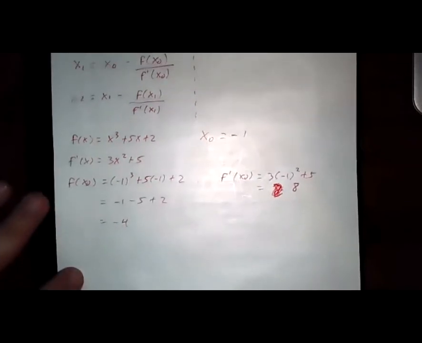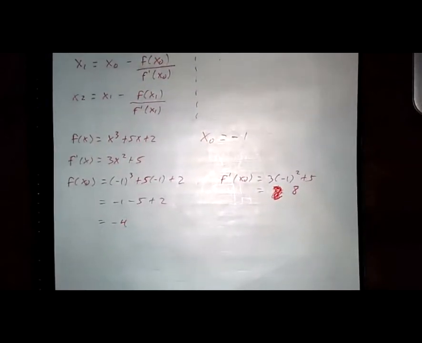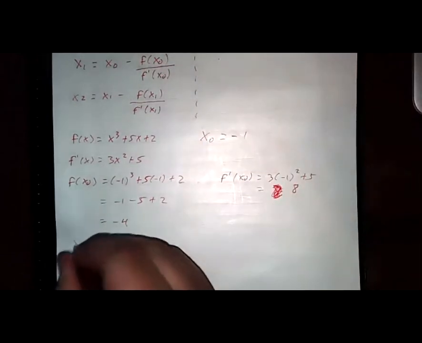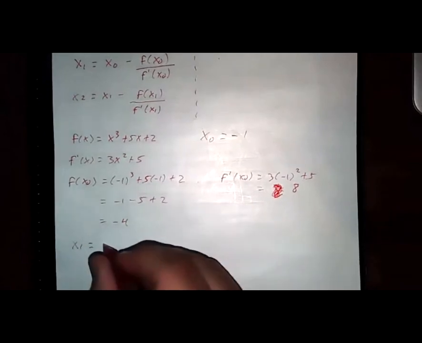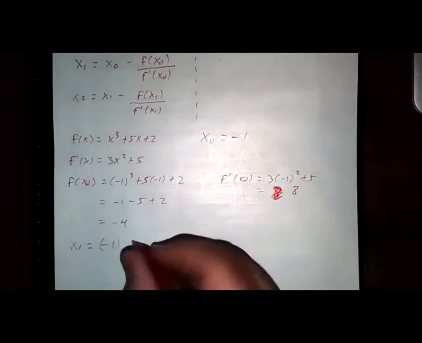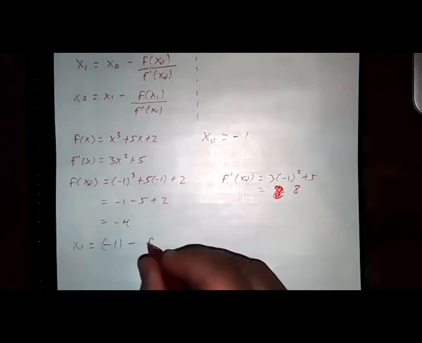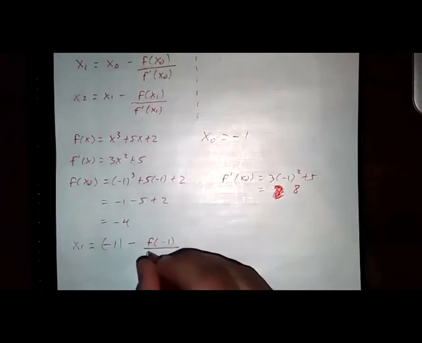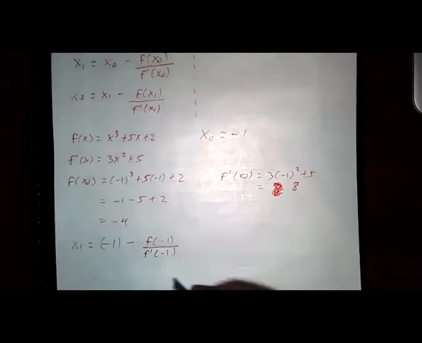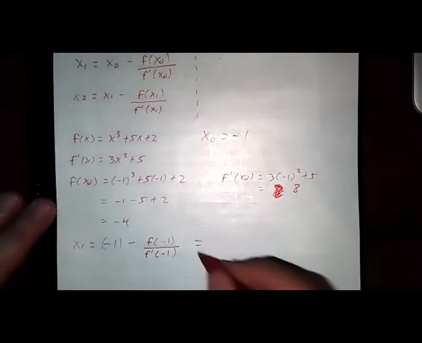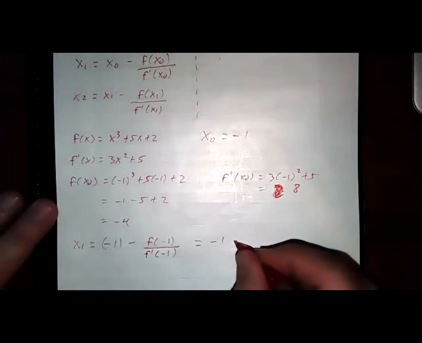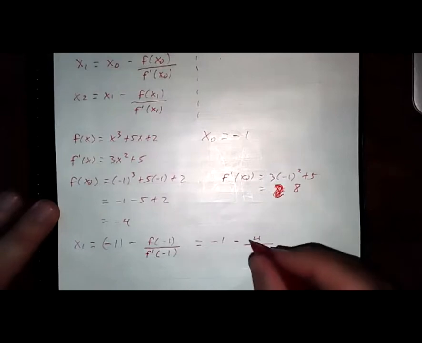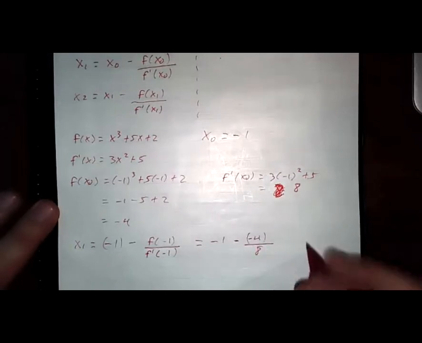Sorry, I'm low on time. Forgive me if I'm going a little faster. So once you find these guys, you just plug them into the formula. So x1 is equal to x0 minus the function at x0 over the derivative at x0, which will be -1 minus -4 over 8, right?